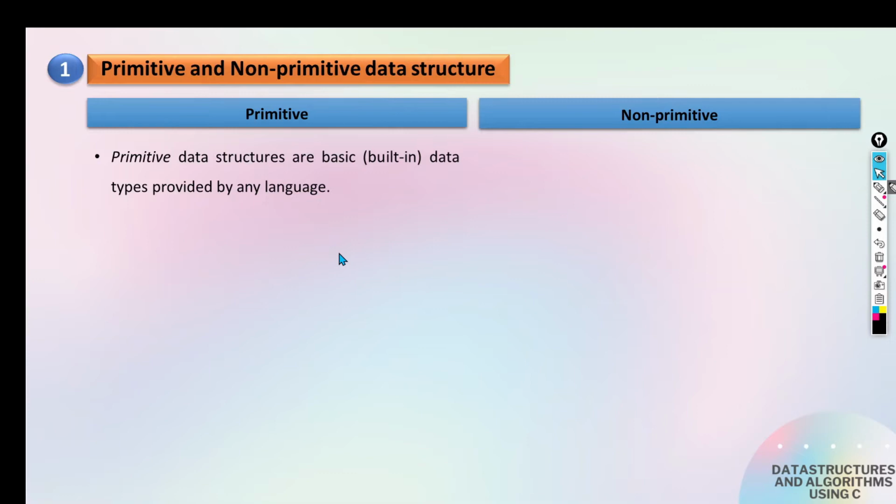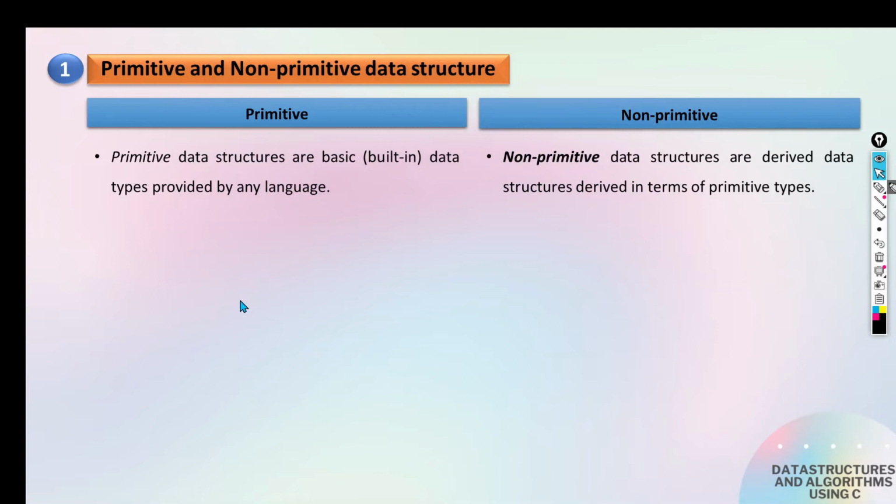As we are discussing all these data structures and algorithms using C, I'll give the list of primitive data types provided by C. And non-primitive means those data structures which are user created by using these primitives. They are called user defined or derived data types. The non-primitive data structures are derived in terms of primitives. So we'll take these primitives and create our own.